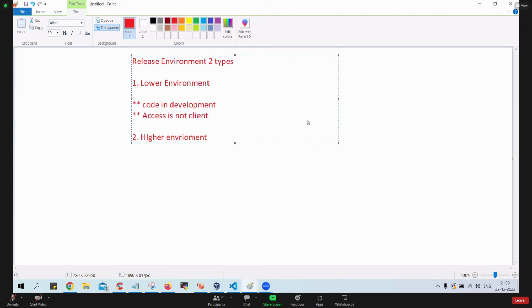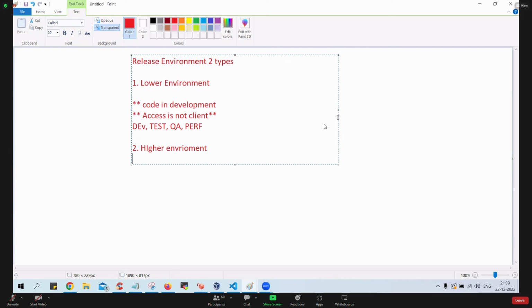We don't give access to the client at all. The client will not be involved in lower environment, guys. So what comes under lower environment? Your development servers, test servers, QA servers and performance servers come under lower environment. This is a classification.